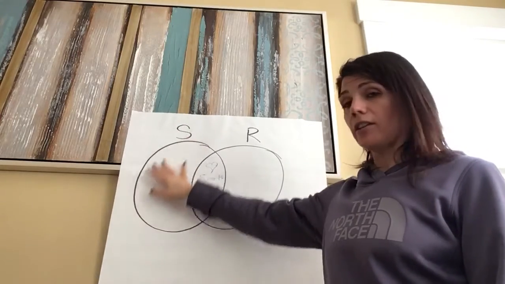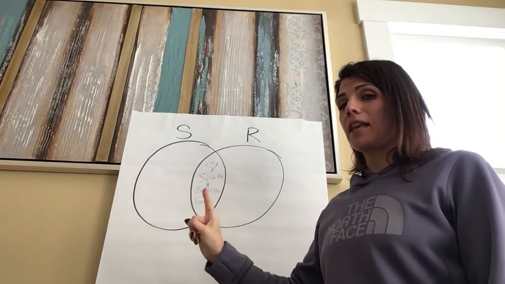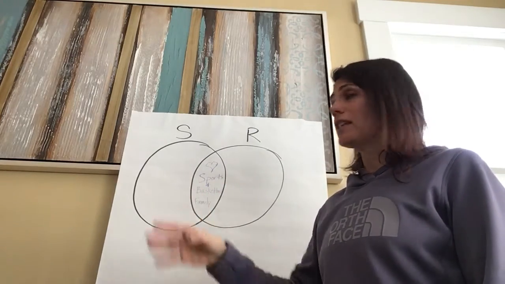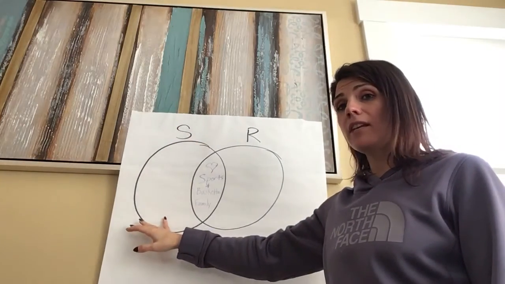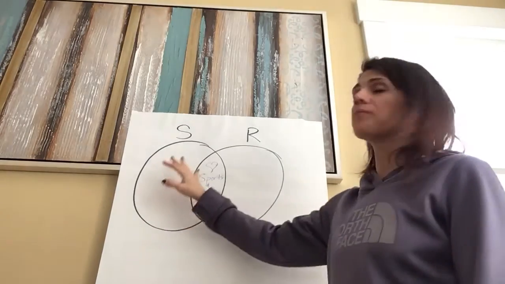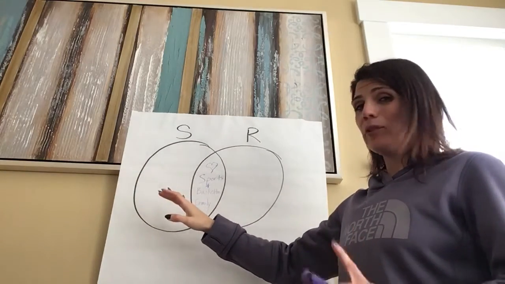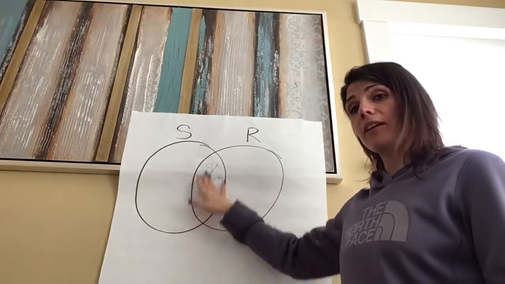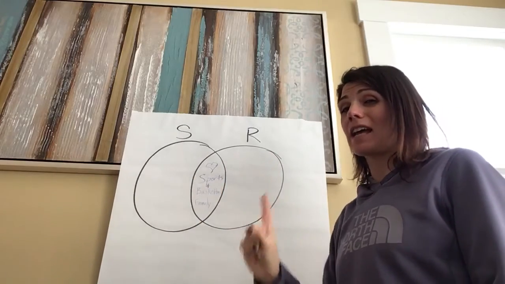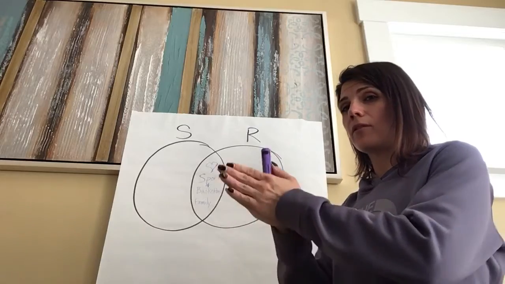Anything you put over here under Sadie should not be a way that is the same for Richie. Anything you put over here under Sadie, she should not have in common with Richie. So if you put that Sadie loves basketball over here, you can't put that there. It has to go right here in the center because it is something she has in common, a way that you can compare them, something that is the same for Richie.